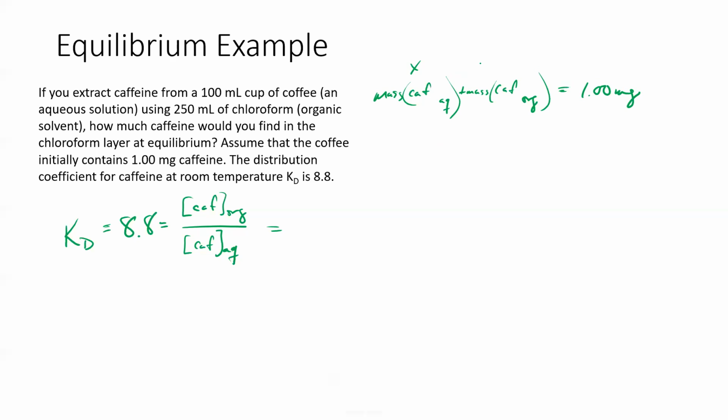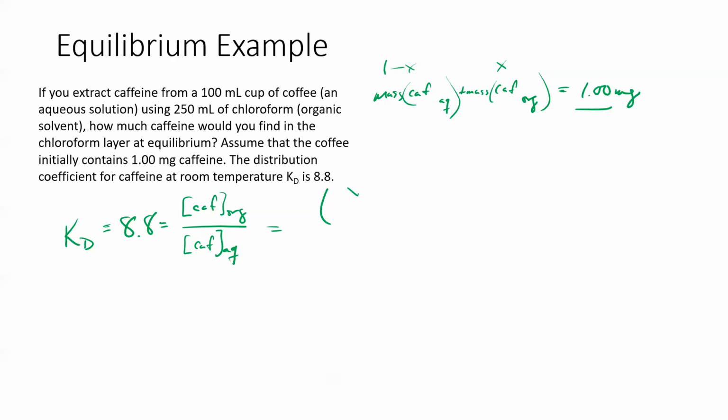Don't say Y. One minus X. There we go. And it's just 1 because this is 1 milligram. If it were 17, it'd be 17 minus X, right? So then we can plug that in. I did it as the organic was the 1 minus X. That's probably backwards, really. Since we're asked for what the organic one is, I'm going to switch these. Organic is X. Aqueous is 1 minus X.